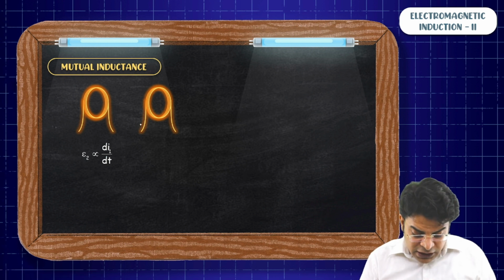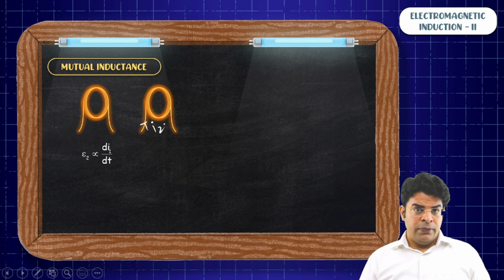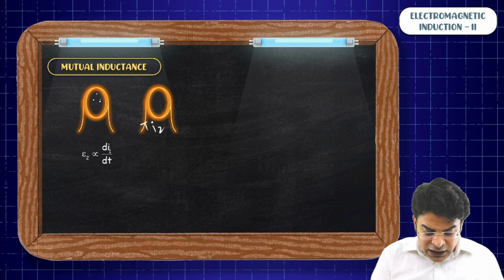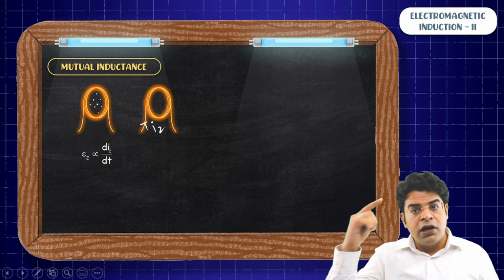Similarly, if some current flows in the second coil, there will be some magnetic field at the position of the first coil due to the current in the second coil.